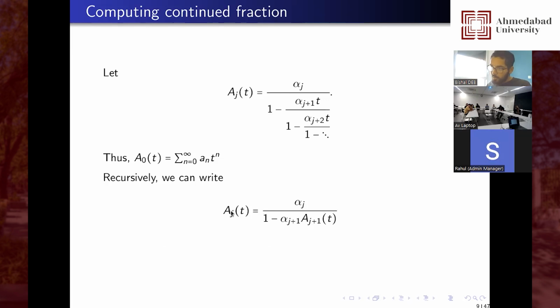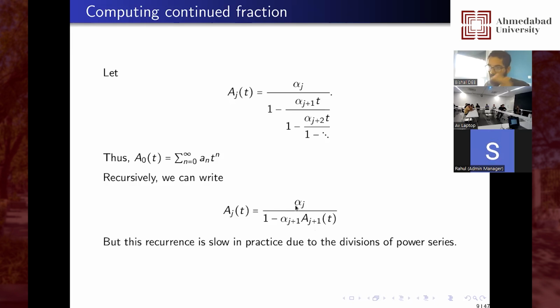If you give a0, you can ask the computer to solve for alpha j. So you give it aj, and ask it to compute aj plus 1 and alpha j for you.